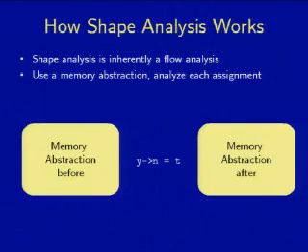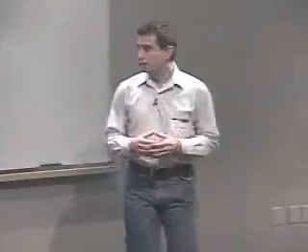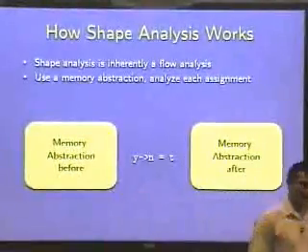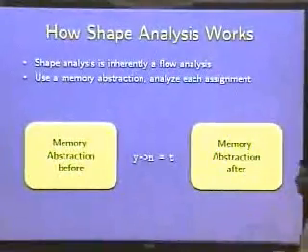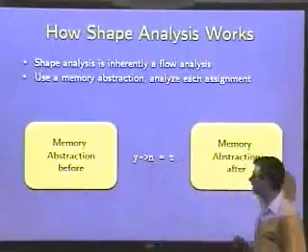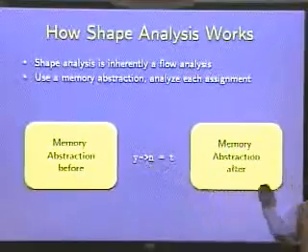Okay. So how does a general shape analysis work? Well, they use this flow analysis, an abstract interpretation, or a data flow analysis. And essentially what you have to do is come up with an abstraction of your memory and then define how the program operates on that abstraction. Given an abstraction and the program statement here, x next equal t, what is the abstraction that you get after this statement?